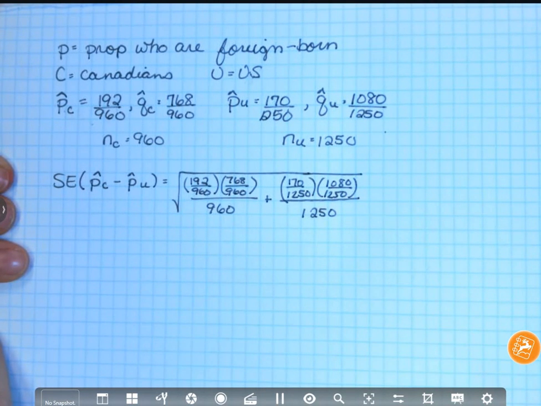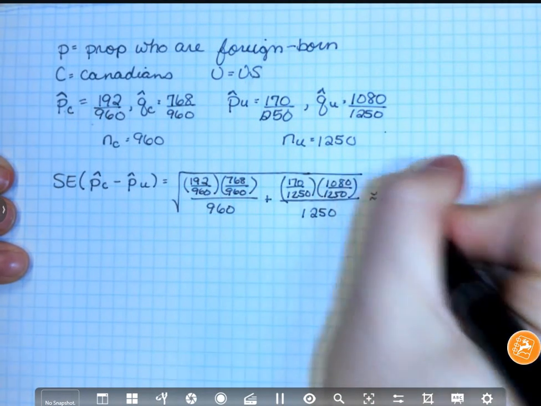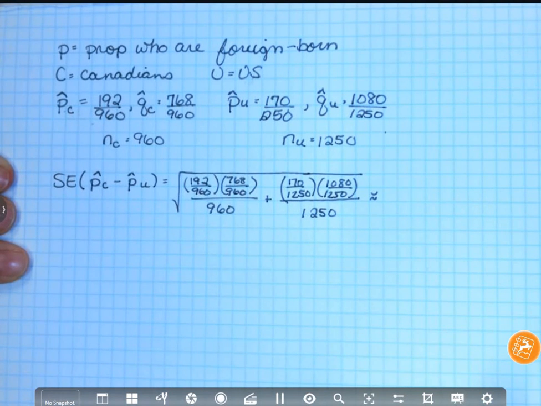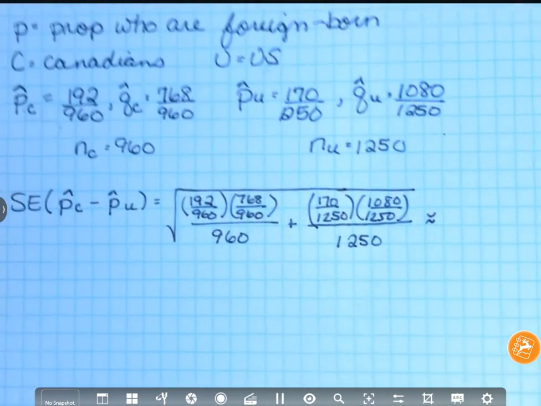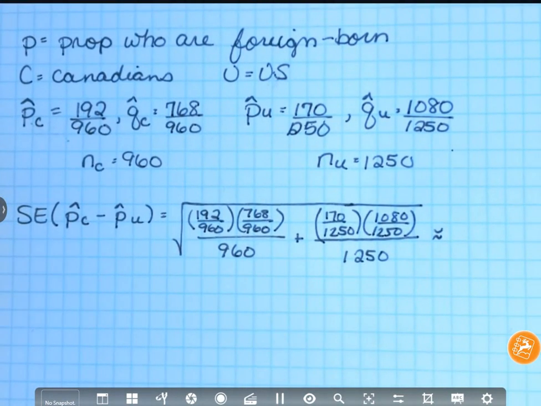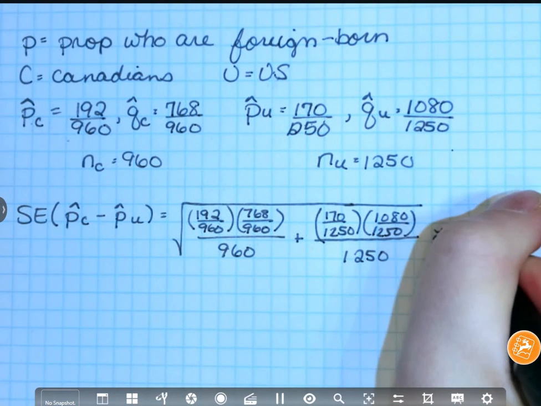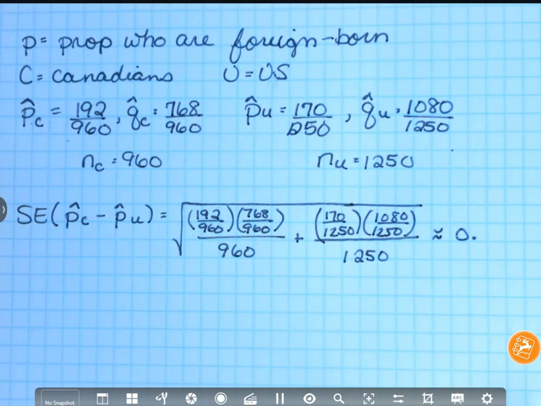Okay, do me a favor, type that into your calculator. Take it out to 4 decimals. Give you a hint, it starts with a 0. Do the hard stuff for you.